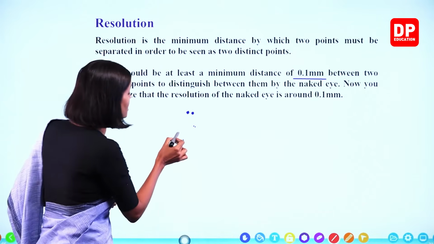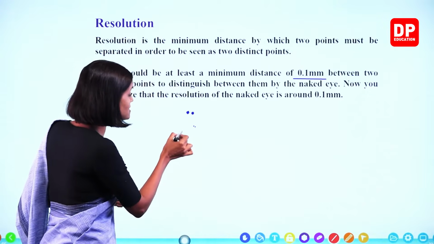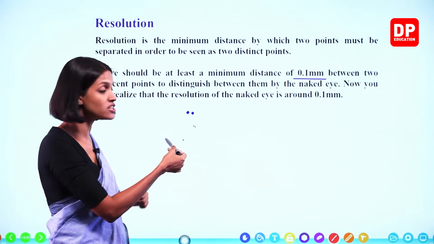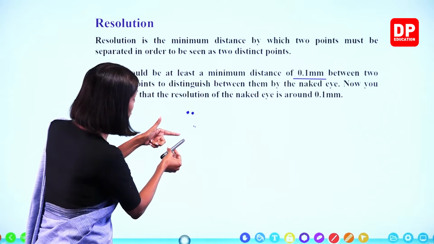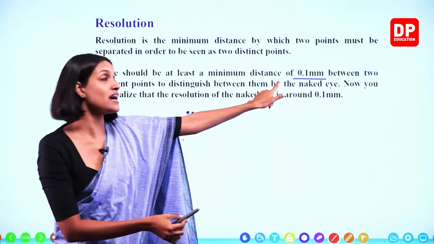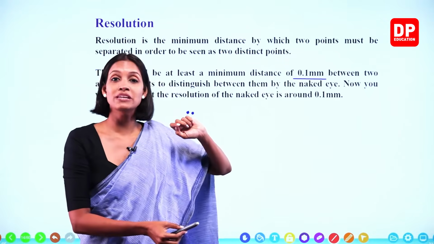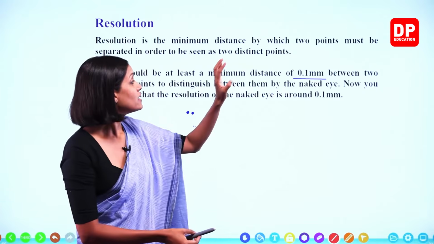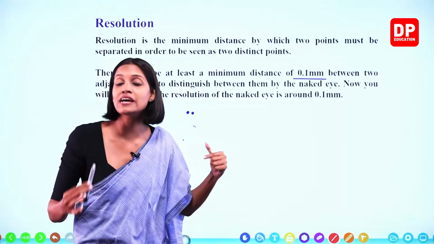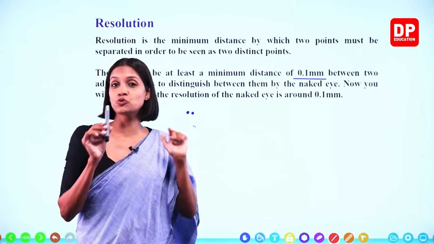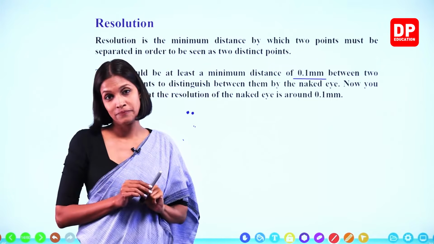Now, why can't we identify these two dots as two separate dots? Because the distance between these two dots is less than 0.1 millimeters, right? If it's less than 0.1 millimeters, the human eye cannot identify it as two separate points.